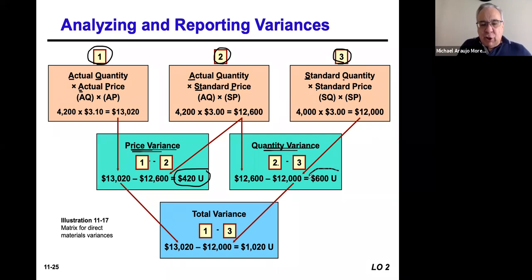And you see here, as you know, that's a $600 unfavorable variance, which means because this number is larger than that number, most of this difference is because of quantity issues, using more, so more than your price. Price certainly is a factor, but the quantity made a bigger difference in this case to this variance. So that's going to be sort of a matrix you'll be using. Again, just to sort of understand these is important.